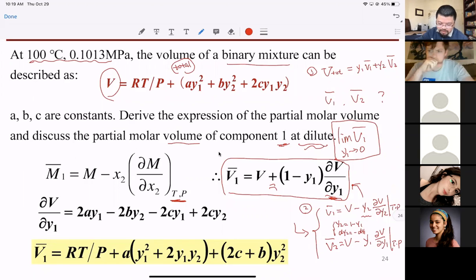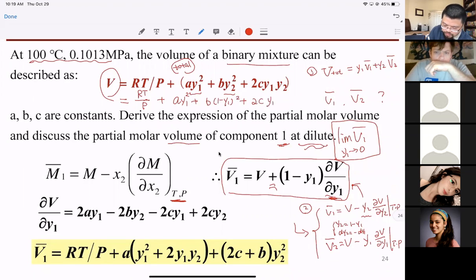So now we have this expression for volume, expressed by Y1, Y2. It's always a good idea to add one more step, which I don't have on this slide. It's always a good idea to change this to A Y1, B 1 minus Y1, C Y1 times 1 minus Y1.